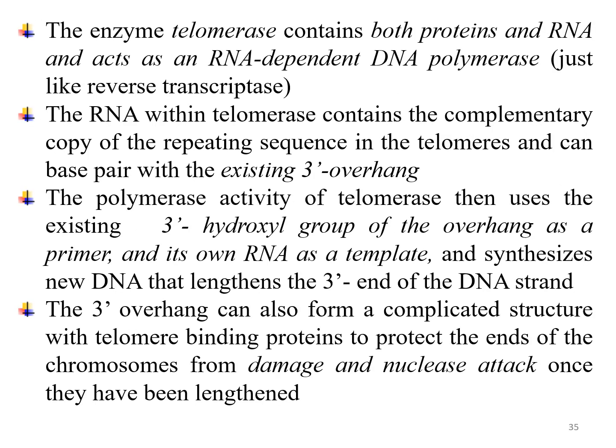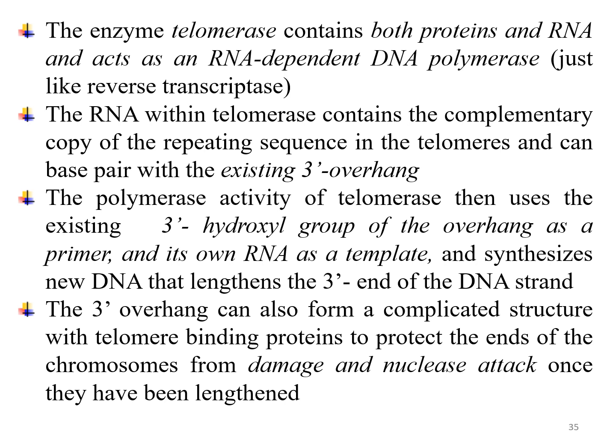The enzyme telomerase contains both protein and RNA and acts as an RNA-dependent DNA polymerase, just like reverse transcriptase. The RNA within telomerase contains a complementary copy of the repeating sequence in the telomeres and can base pair with the existing 3' overhang.